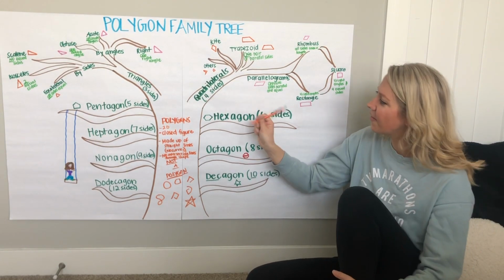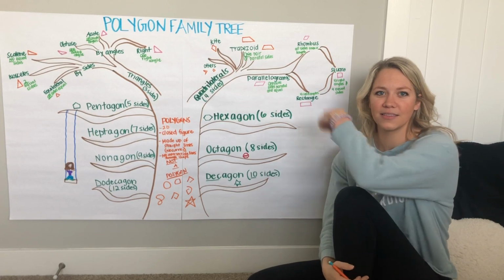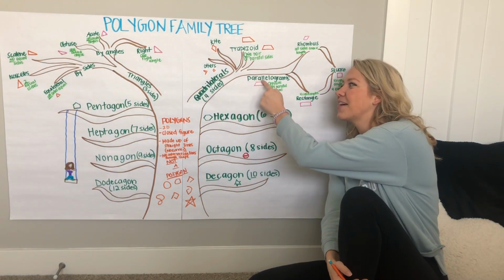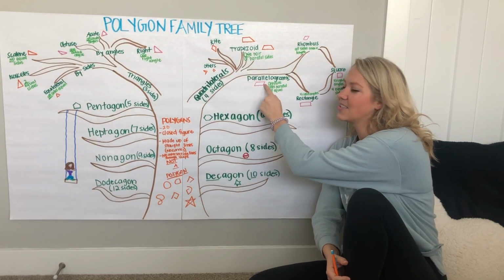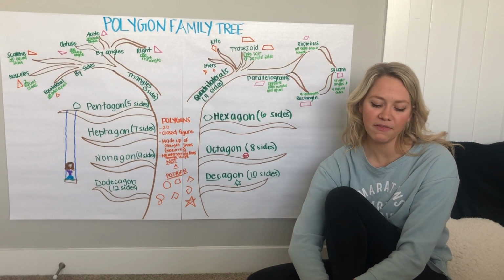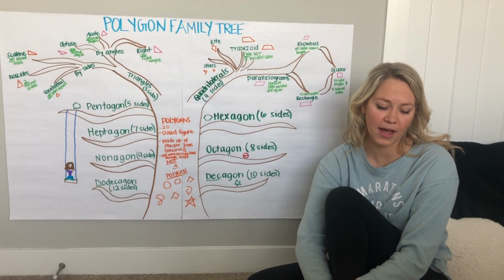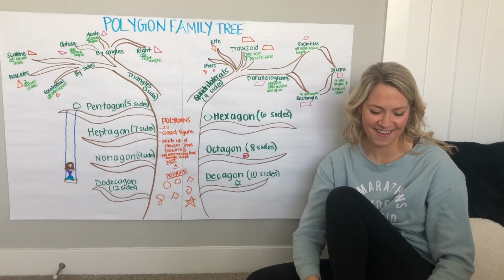Well, in a parallelogram, the opposite sides are parallel to each other, and then also the opposite sides are equal. She stuck to her convictions, she lived and used them well, and made sure her opposite sides were always parallel.